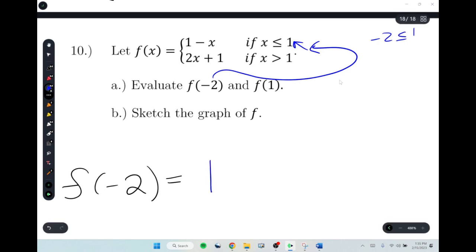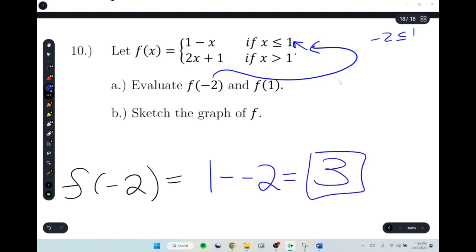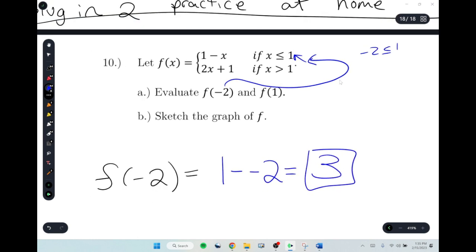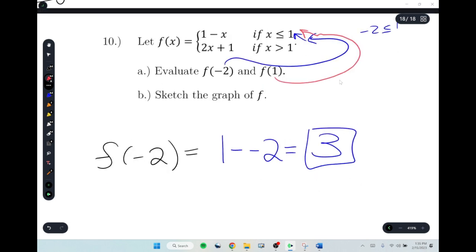So we go 1 minus -2, which is 3. Not too bad if you know how to do it. You funnel this 1 through. It gets into the top one again, right? So f of 1 equals 1 minus 1, which is? That's it.